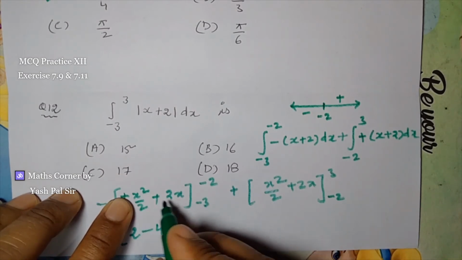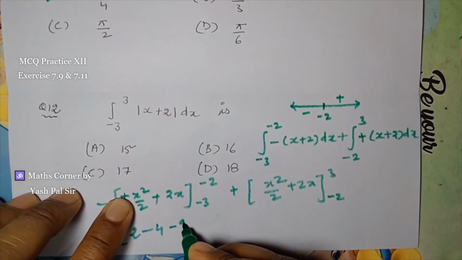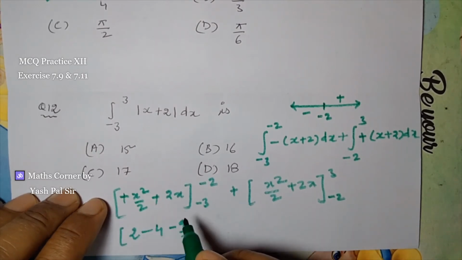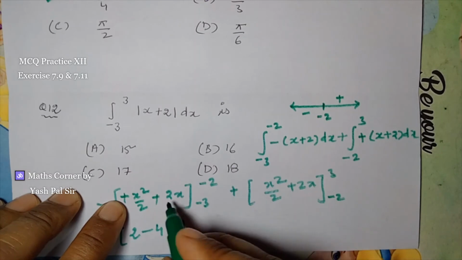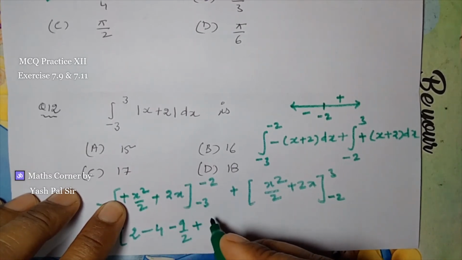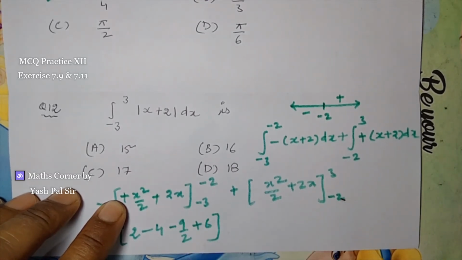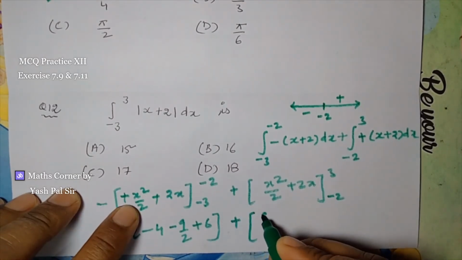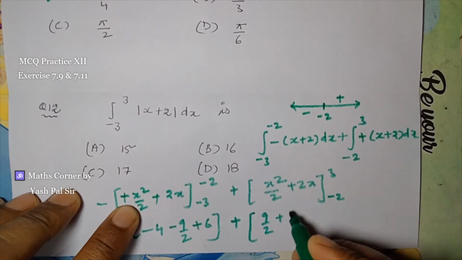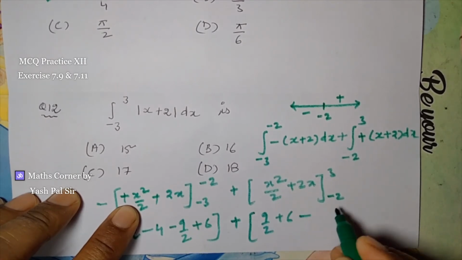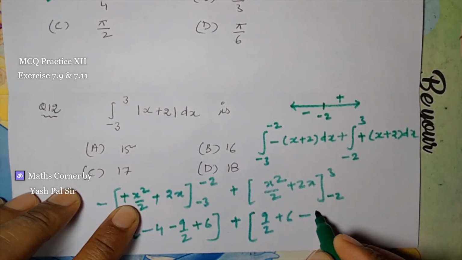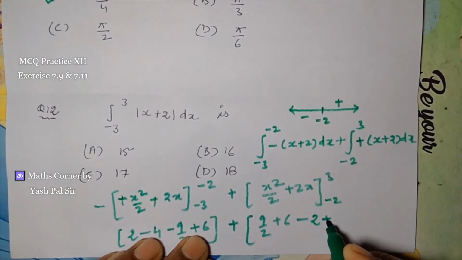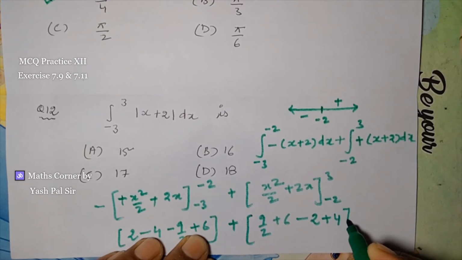Thereafter minus 9 upon 2, plus 3 into 2 is 6. Second time put 3: 3 square is 9 upon 2 plus 3 into 2 is 6, minus 4 upon 2 is 2.